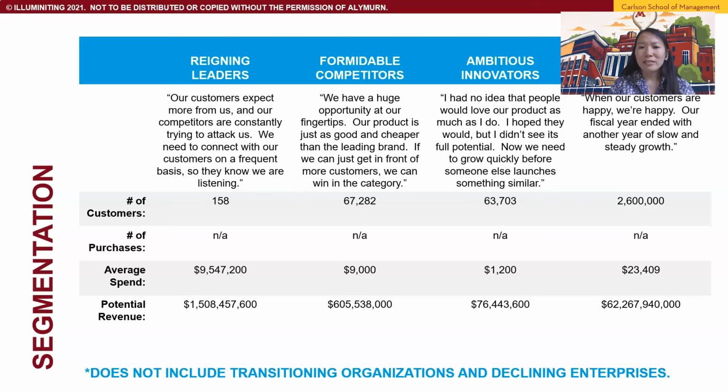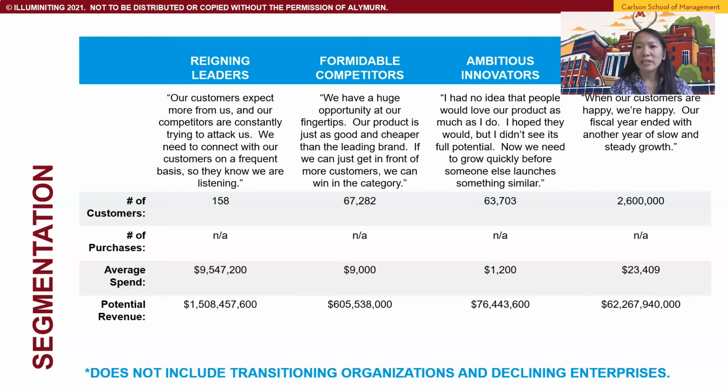So when Salesforce makes its decisions on how to prioritize its segmentation, they'll see that the reigning leaders is Salesforce's number one opportunity because of its size, but also because of Salesforce's current leadership in this space. It's also a very low cost to reach these customers since there's only 158 of them.